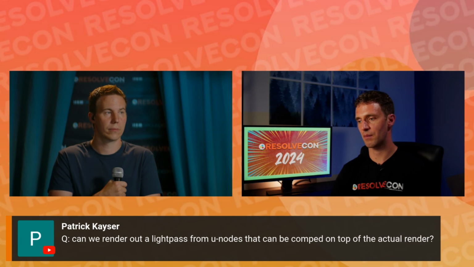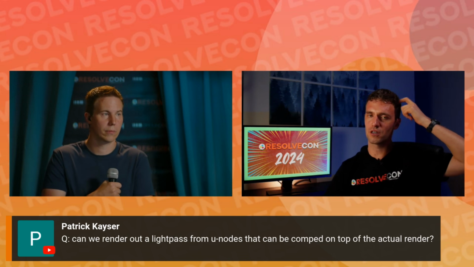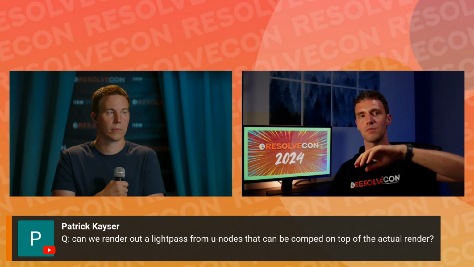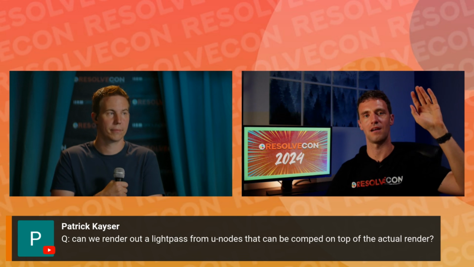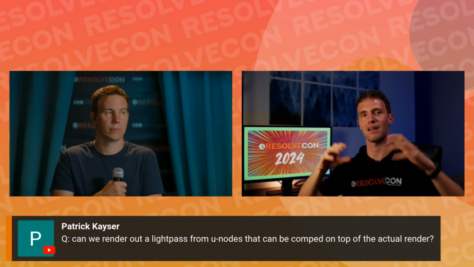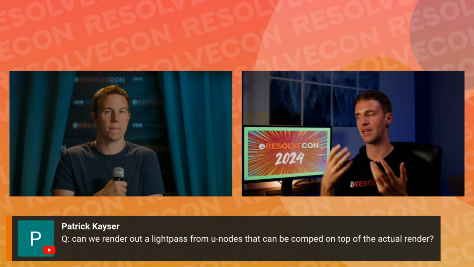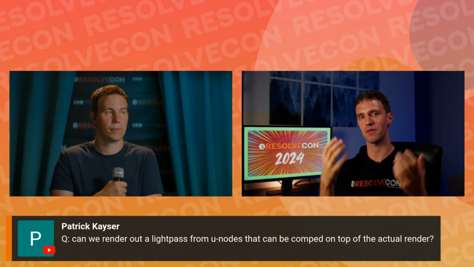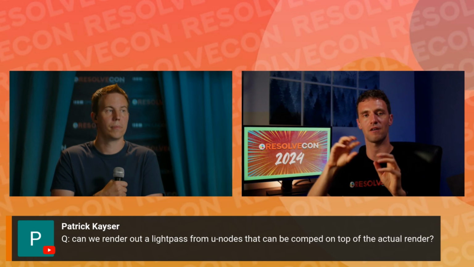What you could do is replace the material and make everything white, then put in some lights and render that out. Then you get light and shadows from your 3D scene with custom lights that you have placed.